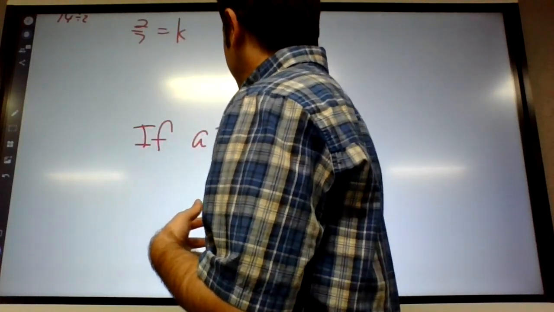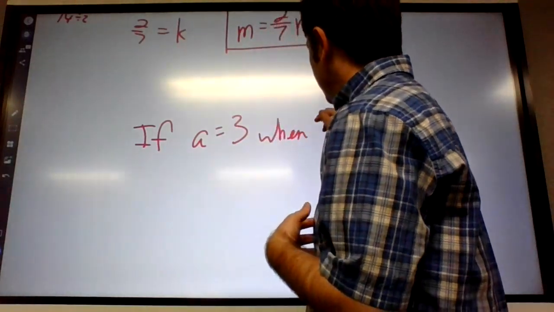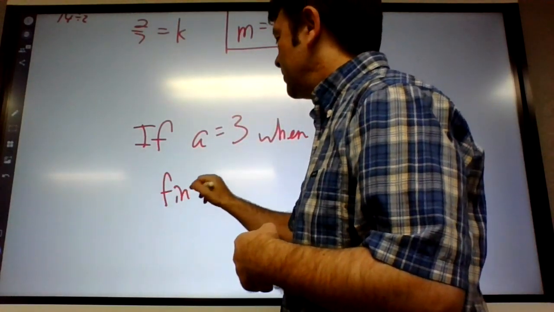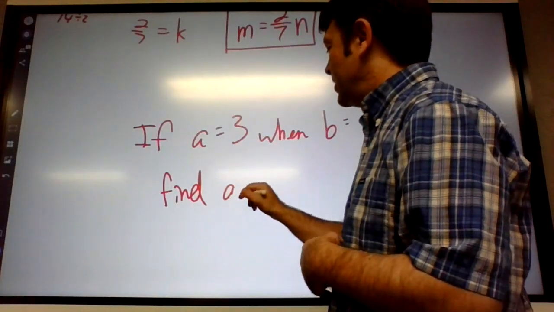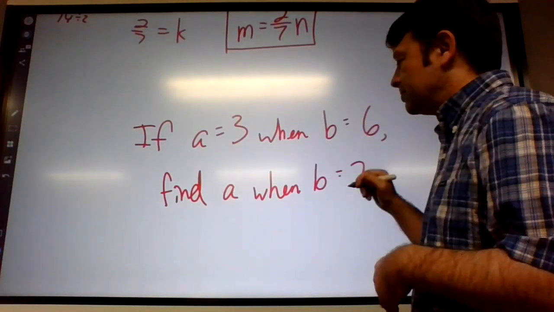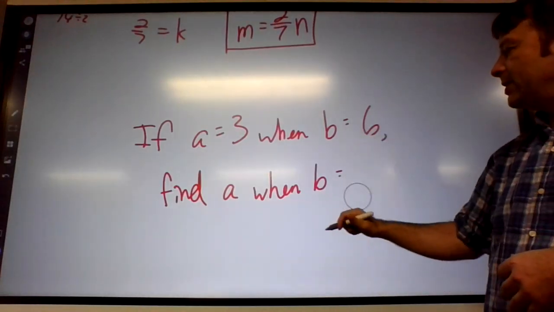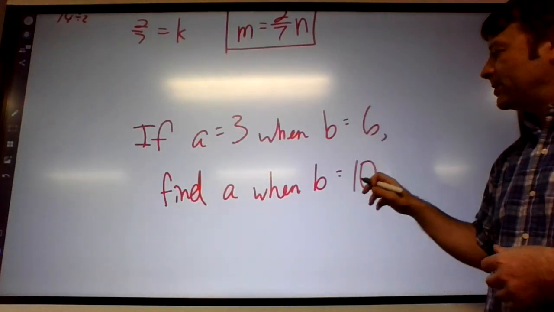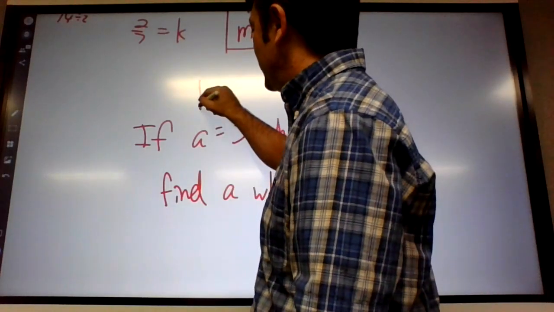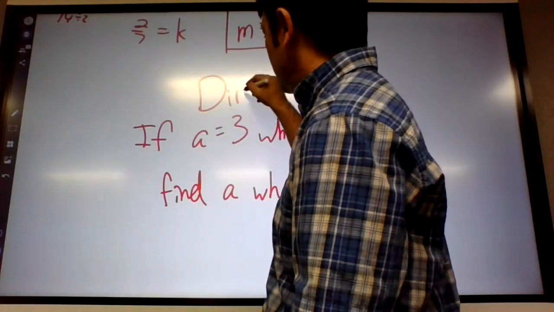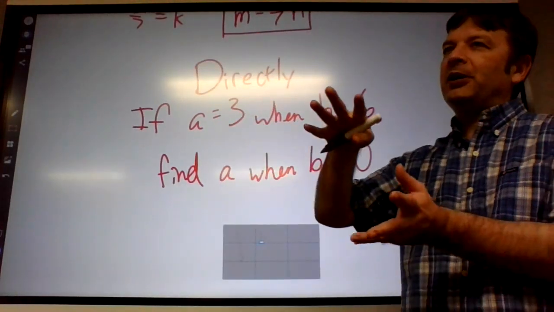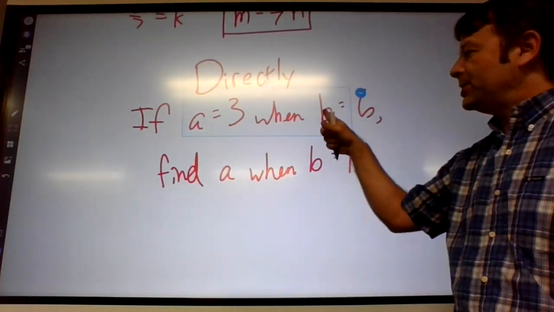If A equals 3 when B equals 6, find A when B is 10, whatever, doesn't matter. If this varies directly, here's how we're going to set it up. If it varies directly, then it's a proportion basically, like A over B should equal A over B.